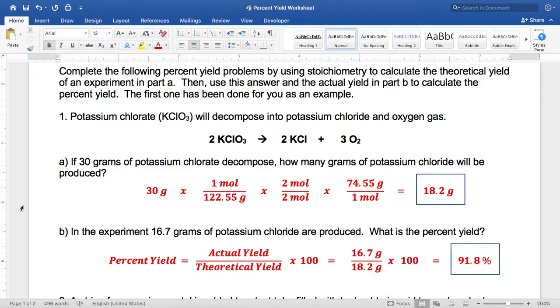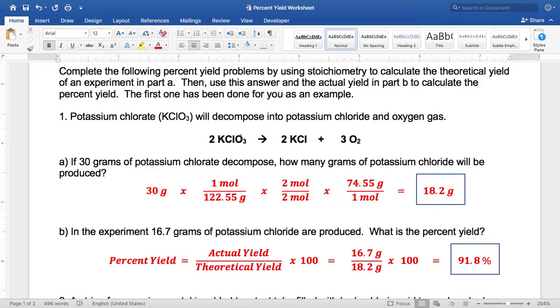We know we have 30 grams of potassium chlorate, so that is where we start. The first step is to convert to moles. To do that, we do 1 mole on top divided by the molar mass of potassium chlorate, which is 122.55. That was already calculated for us. So this first step is converting grams to moles.